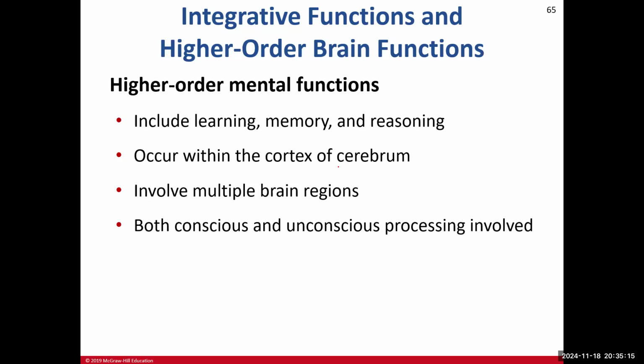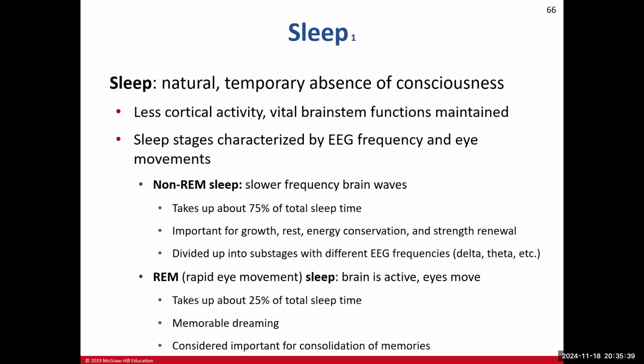And here's the thing: most of these occur when we're conscious, but we're going to see some occur when we're unconscious. This leads me into sleep and the importance of sleep, because when you're sleeping, that's when you transition a lot of short-term memory into long-term memory. And I'll talk about that here in a second.